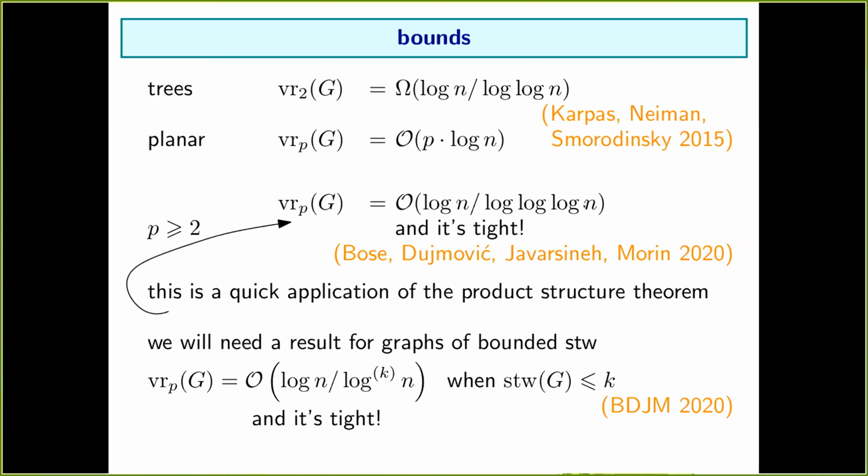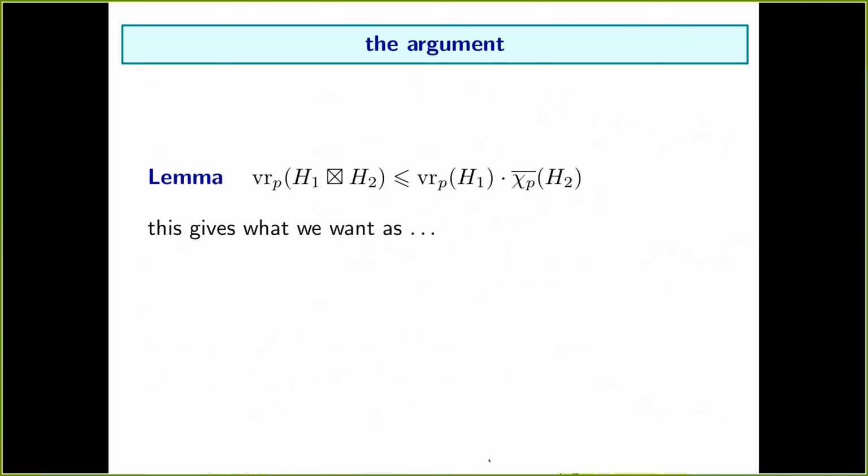And actually, from the fact that this is tight, we already have a lower bound for planar graphs, because simple treewidth at most 3 includes planar graphs of treewidth at most 3. So this statement already contains a lower bound of this main statement here. And for the upper bound, we just go through the product structure, the very same we did a moment ago. So the p-vertex ranking of the product is bounded by the multiplication of these two numbers: distance-p coloring on one projection, and the actual parameter that we look at in the other projection.